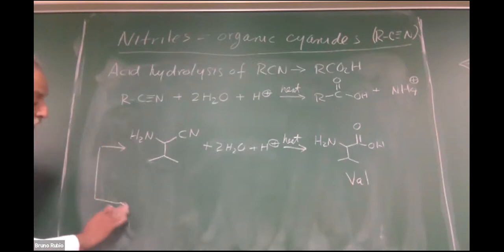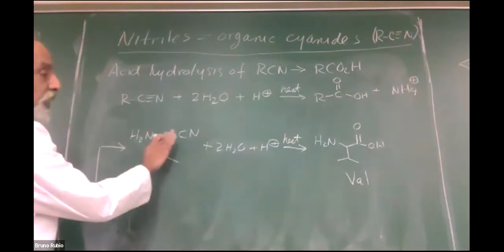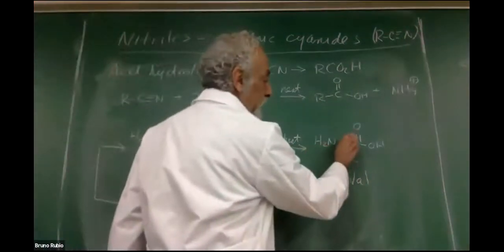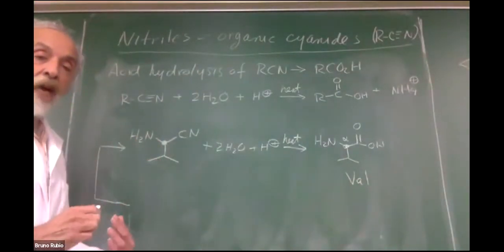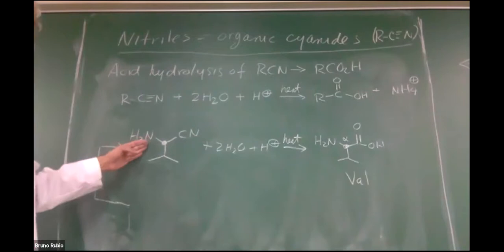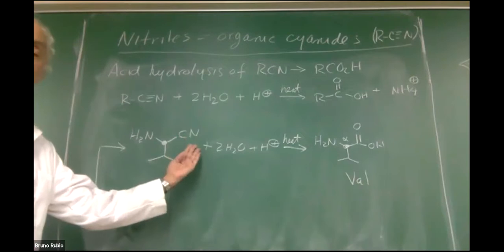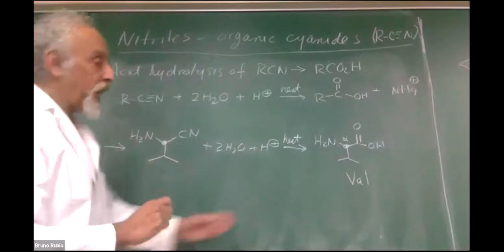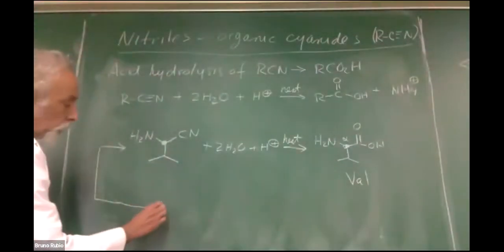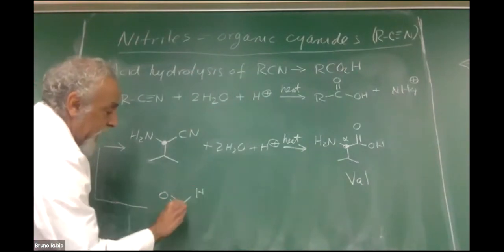If you look at my comments a little bit earlier in the lecture, I pointed out that the alpha carbon of the alpha amino acid started out as an aldehyde carbon. The alpha amino group came from ammonium cyanide. The cyanide group came from ammonium cyanide as well. So this amino acid valine could have been created from this aldehyde.